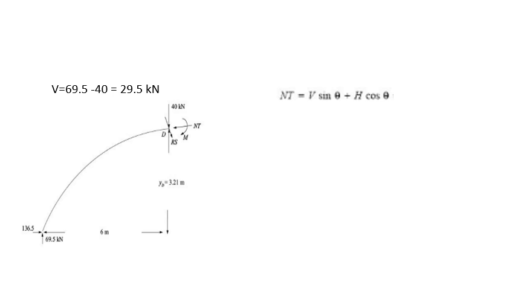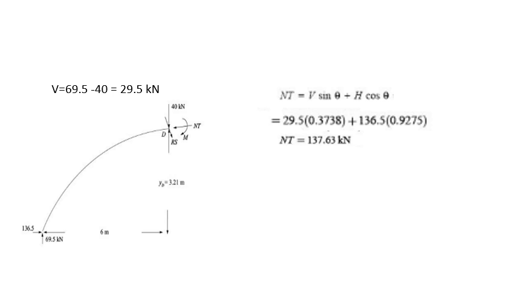So apply the formula, normal thrust is equal to V sin theta minus H cos theta. Substitute V as 29.5. So sin theta you get it as 0.3738. H is 136.5. Cos theta, that is cos 21.8, you get it as 0.9275.